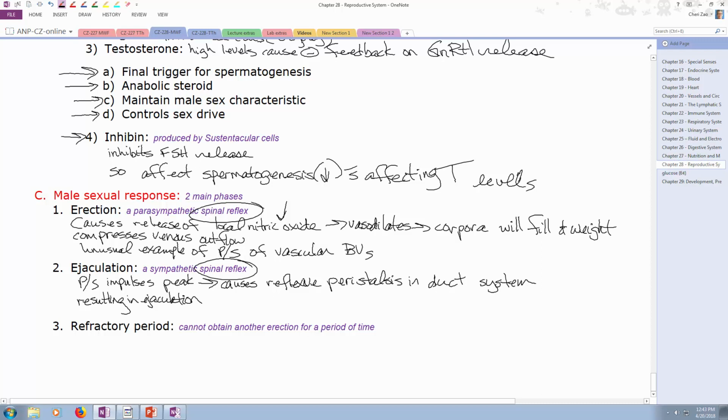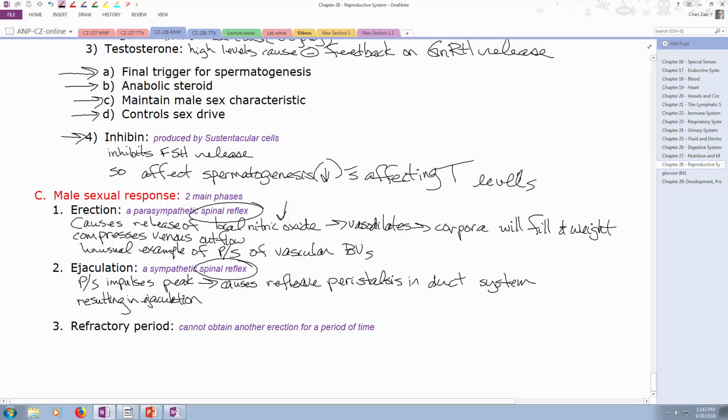So parasympathetic impulses peak. This triggers a next event, which is a sympathetic reflex, and then peristalsis will occur and ejaculation is the effect. The refractory period typically follows that.